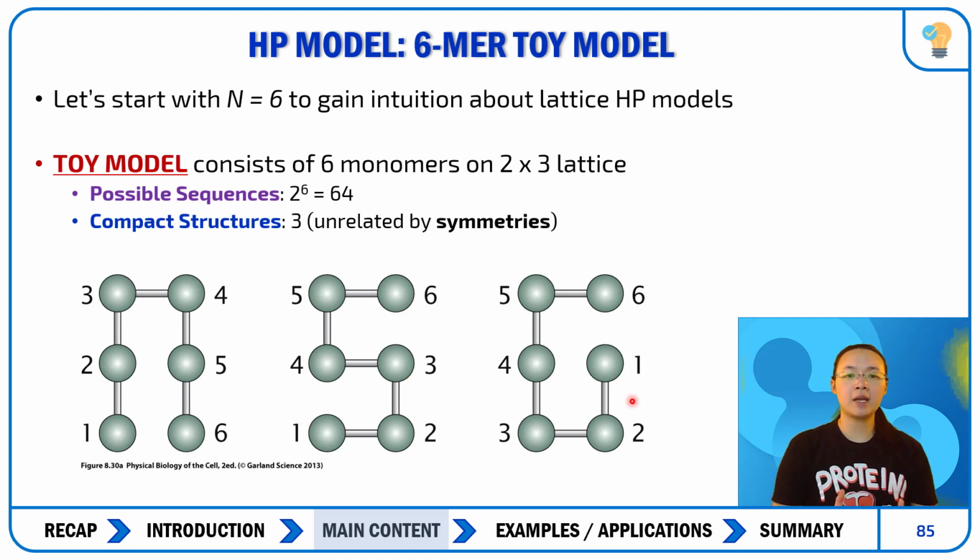You may have the first one on the left flipped upside down, like a U or like the pie, but it's still the same shape. So we call a compact structure the same general shape to look at. In this case, for a 2x3 lattice, there are only 3 possible shapes for our protein.